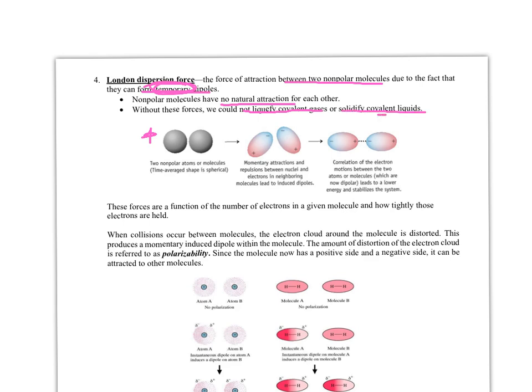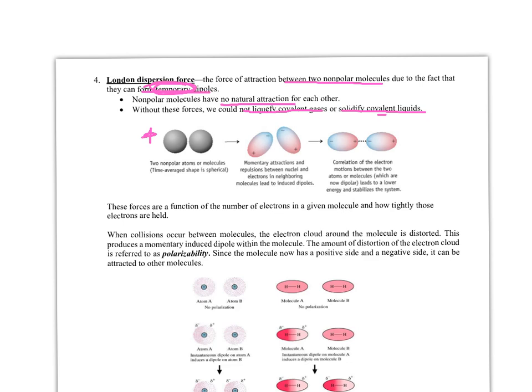Anything that was nonpolar would never be able to form a liquid or a solid. They would never form those attractions. But that's not true, because we know dry ice exists, which is nonpolar CO2 molecules that are attracted to each other to make a solid.